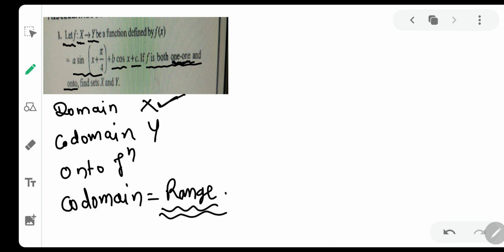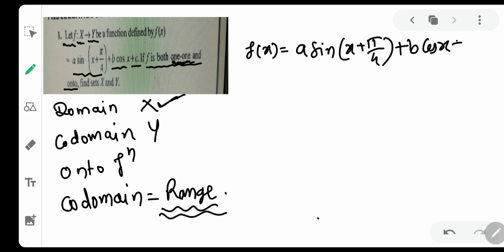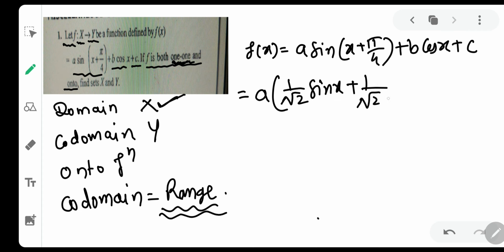Now first of all, let us try and understand about this function. So this function is f of x is equal to a sin of x plus pi by 4 plus b cos x plus c. So let us expand this. A times 1 by root 2 sin x plus 1 by root 2 cos x plus c.